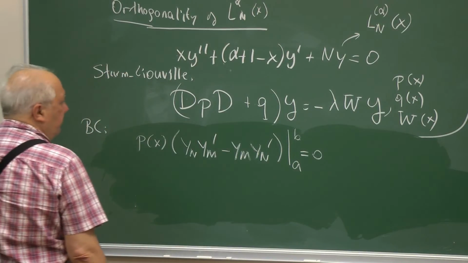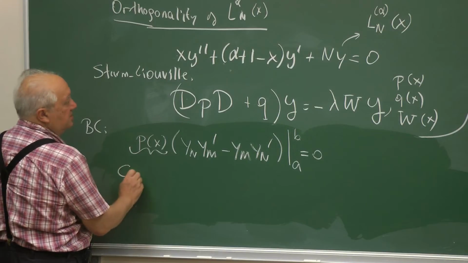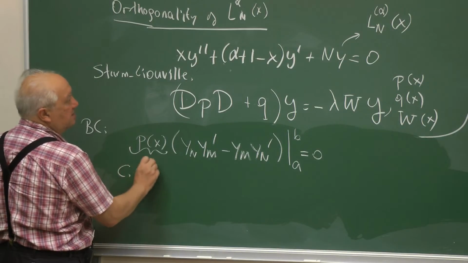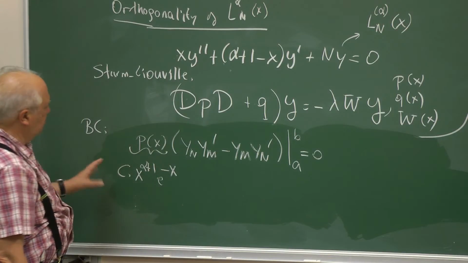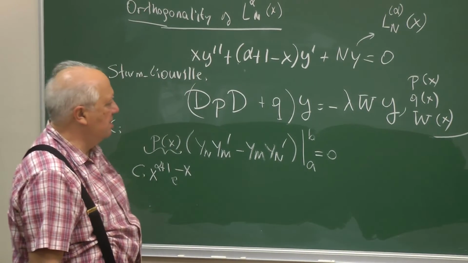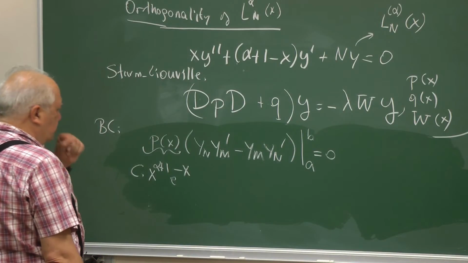Now, p of x is C times x to the alpha plus 1 e to the minus x. C does not play a role here. We can just take it to be 1, the constant. Well, what should we choose for a and b?